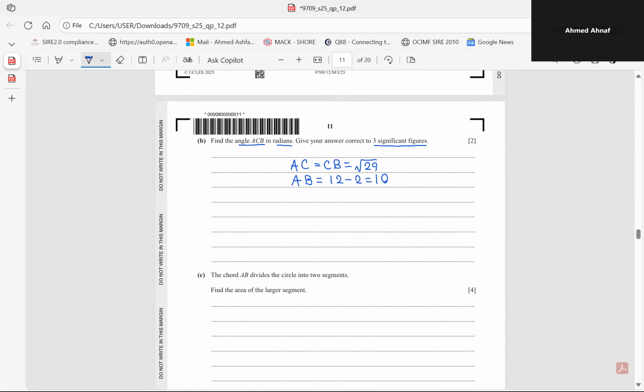Okay, and then now we can write down theta would be 2 times sine inverse of 10 divided by 2 over square root 29, which is equal to, okay, remember to change to radian mode, 2.38 radians to 3 significant figures. So this is our final answer for this part.